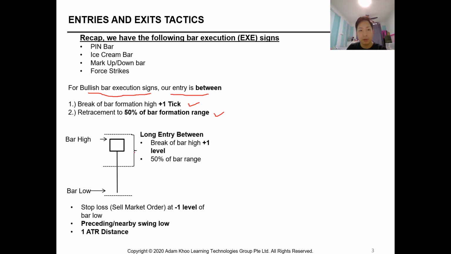Let's say, for example, you have a structure. For example, this is a swing low, and it forms a bullish pin bar. It could be, again, either one of the bullish EXE bars, like a bullish pin, markup bar, or bullish ice cream bar. So let's say it forms a bullish pin instead. At the high of the bar, let's say the high of the bar is $45.